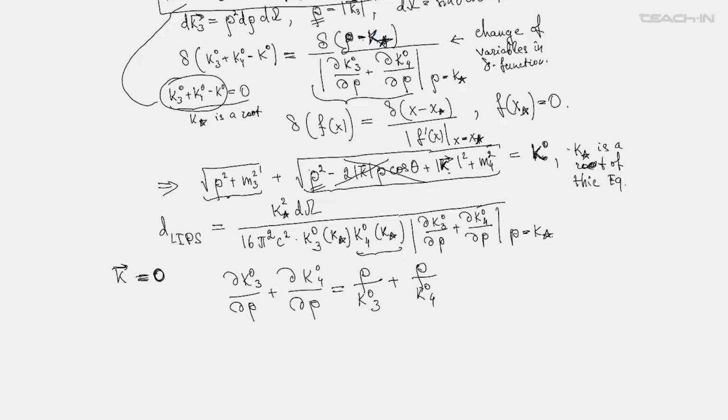And this you write as rho, and then the common denominator, k03 plus k04, divided by k03 k04.